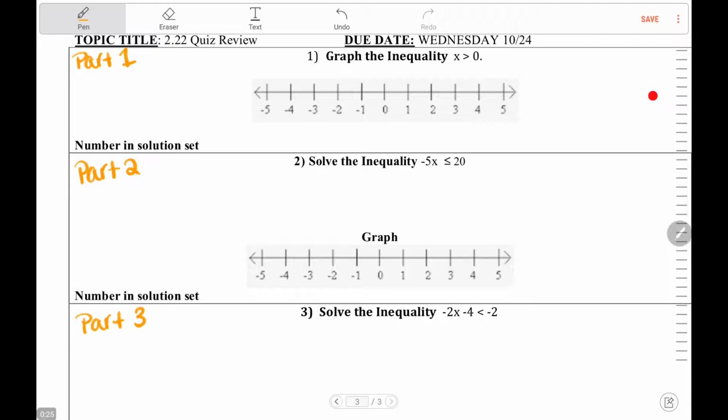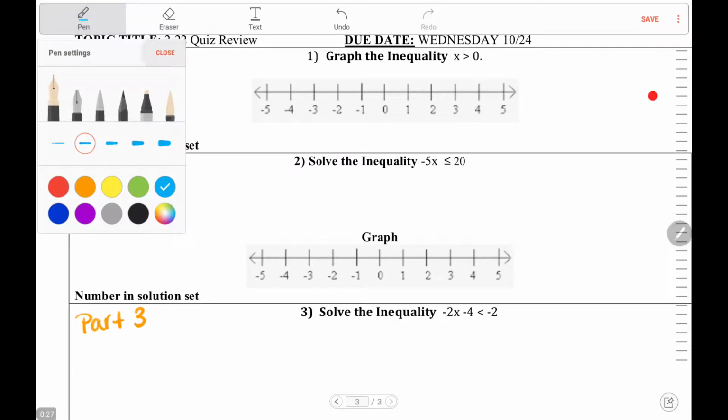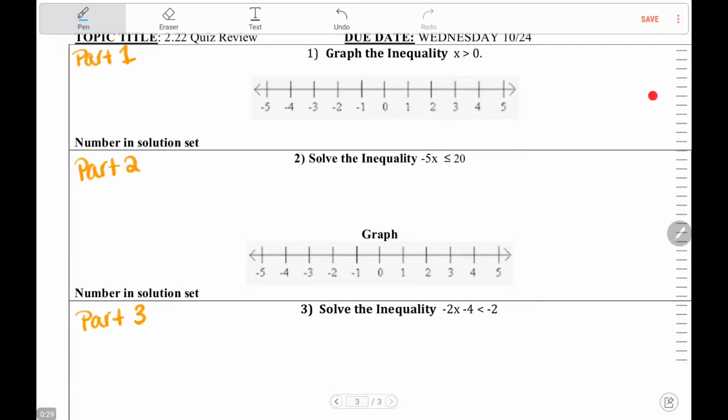Okay, so when we are graphing, remember our graphic organizer. First I need to identify, is this symbol greater or less? It is a greater symbol. Then we ask ourselves, is it equal or not equal? And it is not.